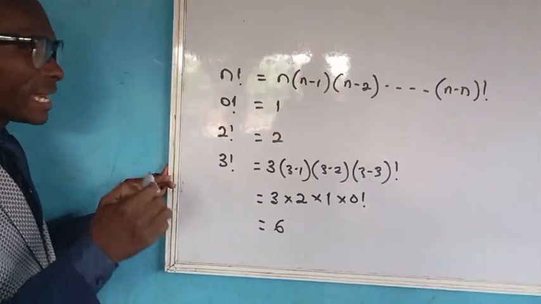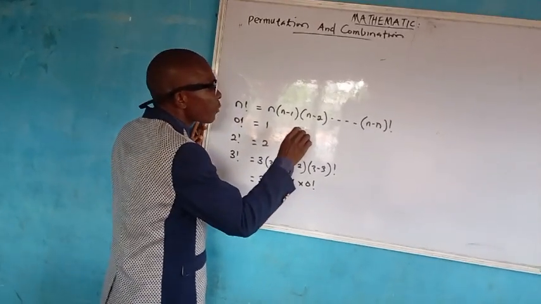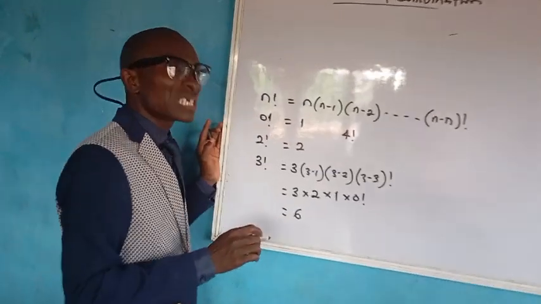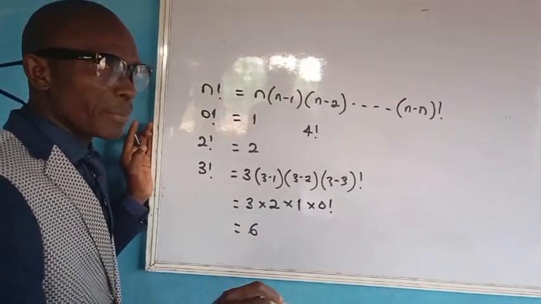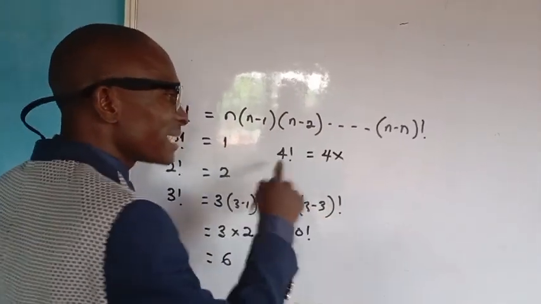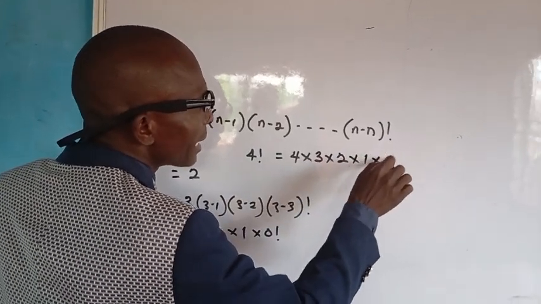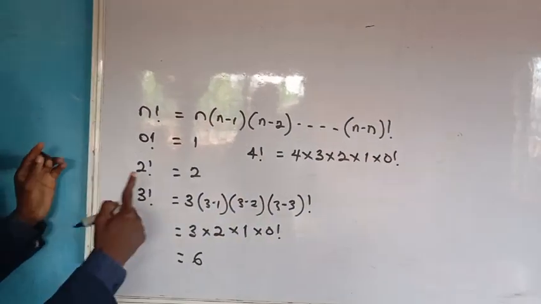Now, if I want to look at it in another way, I can write 4 factorial. What is 4 factorial? I can write 4 factorial as 4 times 3 times 2 times 1 times 0 factorial.